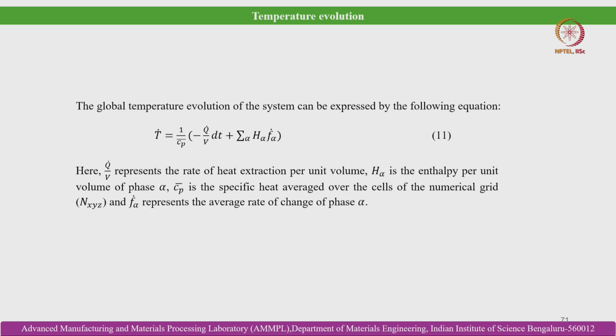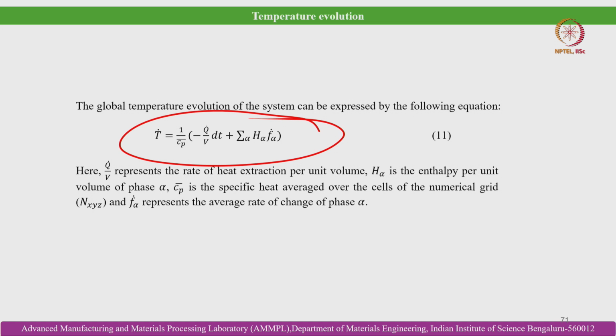And the global temperature evolution of the system can be expressed by the following expression: T dot is equal to 1 by Cp bar into (minus Q dot by V into dt plus summation of alpha H alpha F alpha dot), where Q dot by V represents the rate of heat extraction per unit volume and H alpha is the enthalpy per unit volume of phase alpha.